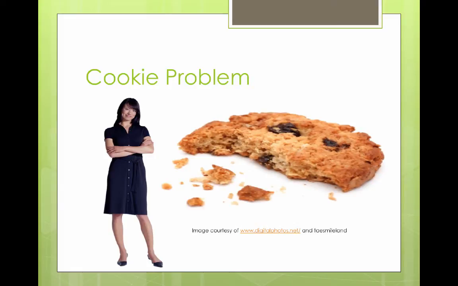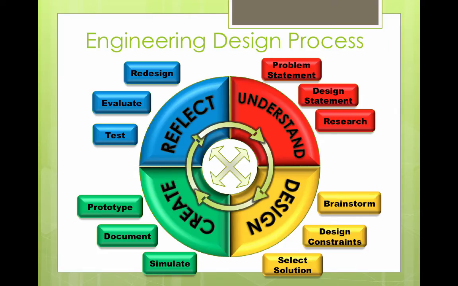So she doesn't want the flat, crunchy cookies. We're going to use the engineering design process, and this is how we think of the engineering design process. We're going to think about it in 4 sections that have 3 steps each section, but the 4 sections really are the important part.